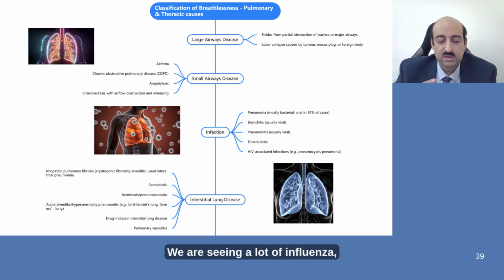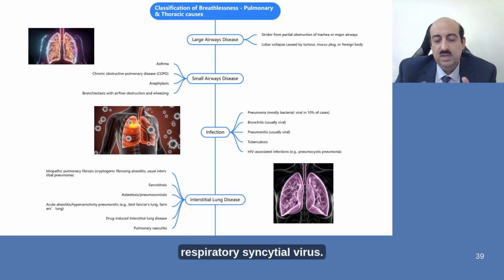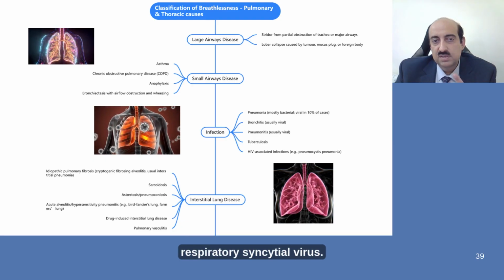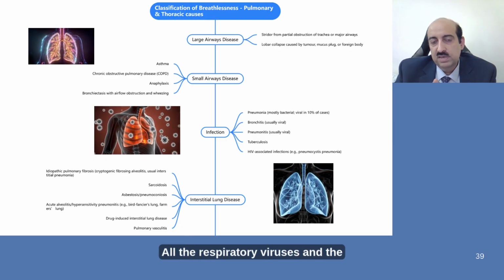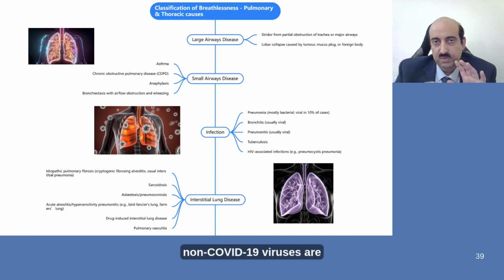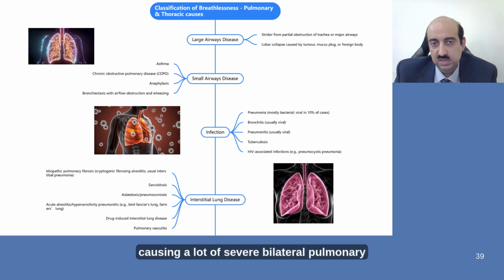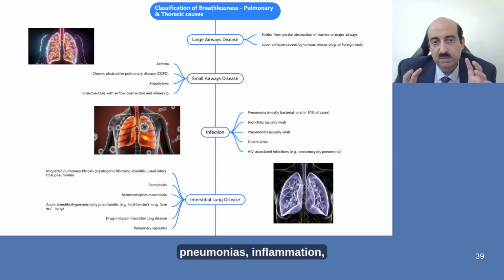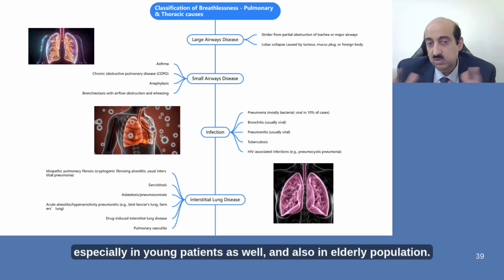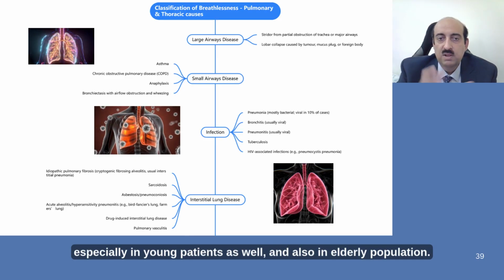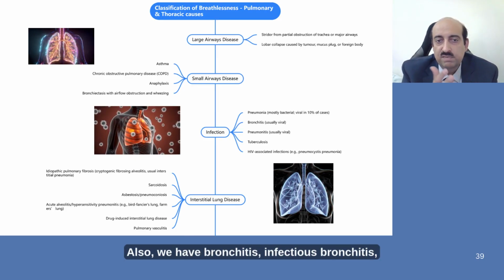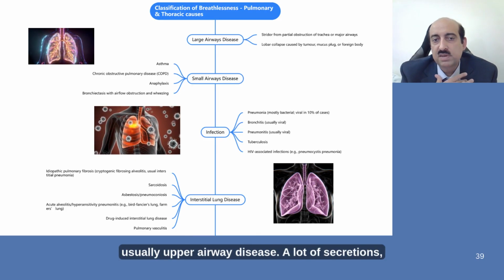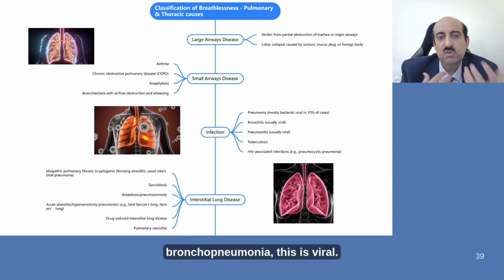We are seeing a lot of influenza, respiratory syncytial virus, all the respiratory viruses, the non-COVID-19 viruses, causing a lot of severe bilateral pulmonary pneumonias and inflammation, especially in young patients as well, and also in the elderly population.